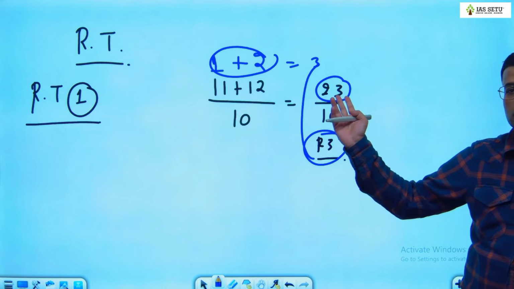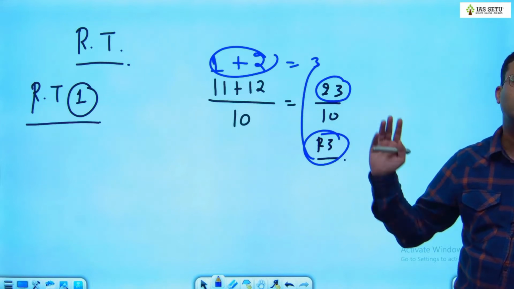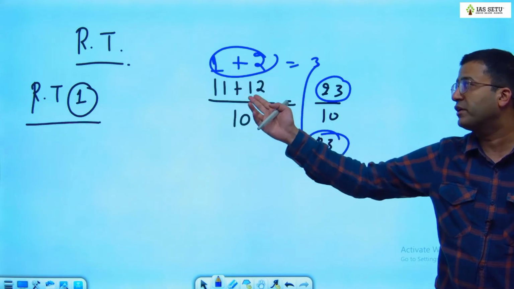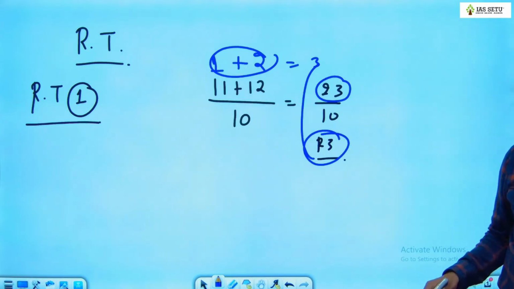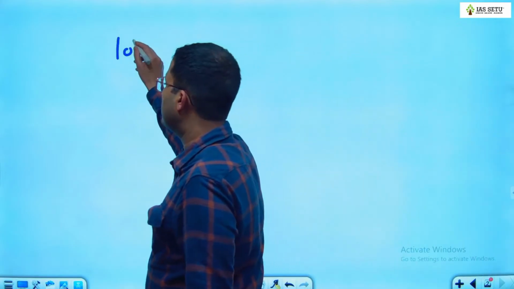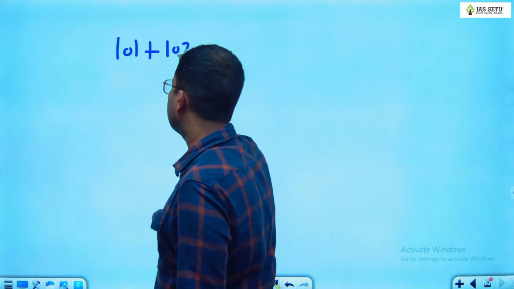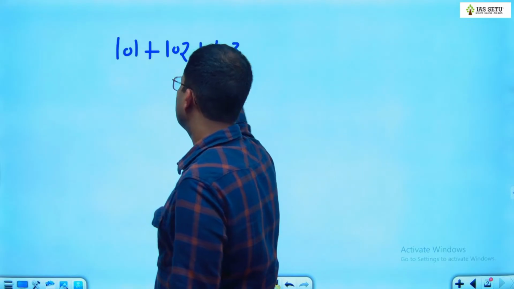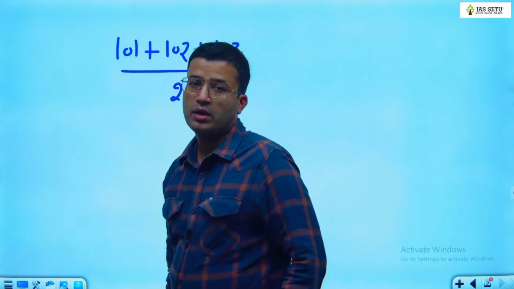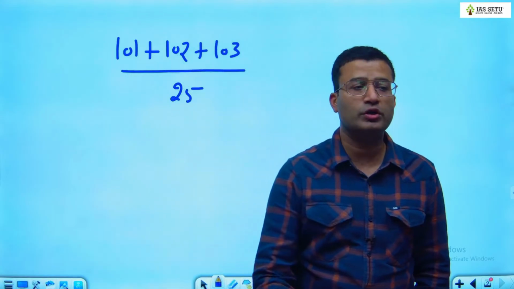या तो ऐड कर लो, but that is like it is small value, you can add. But here this remainder theorem suggests we take individual remainder 1 and 2, we add. How it works, I tell you. Like 101 plus 102 plus 103 divided by 25. You can add here, but it is more time consuming.